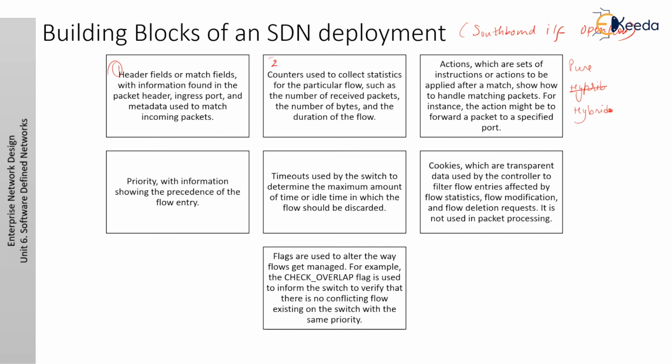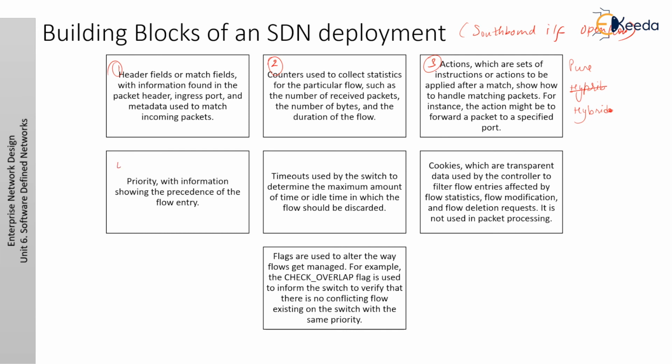Second is counters, used to collect statistics for a particular flow, such as the number of received packets, number of bytes, and the duration of the flow. Then actions, which are a set of instructions to be applied after a match, show how to handle matching packets. For instance, the action might be to forward a packet to a specified port.